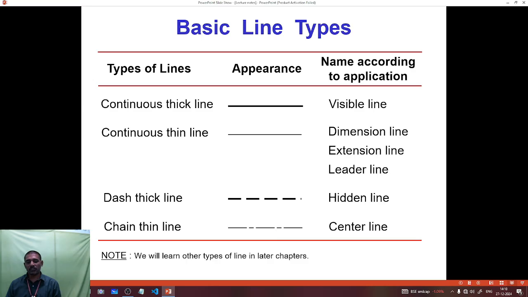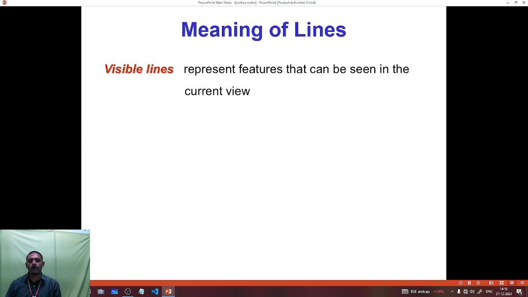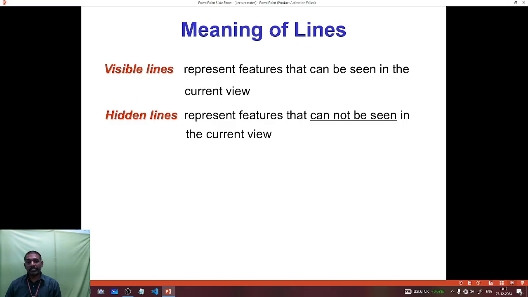The next one is the chain thin line, which people use as the center line of the object. Now the last ones. Visible lines represent features that can be seen in the current view. The next one, the hidden line, represents features that can't be seen in the current view.